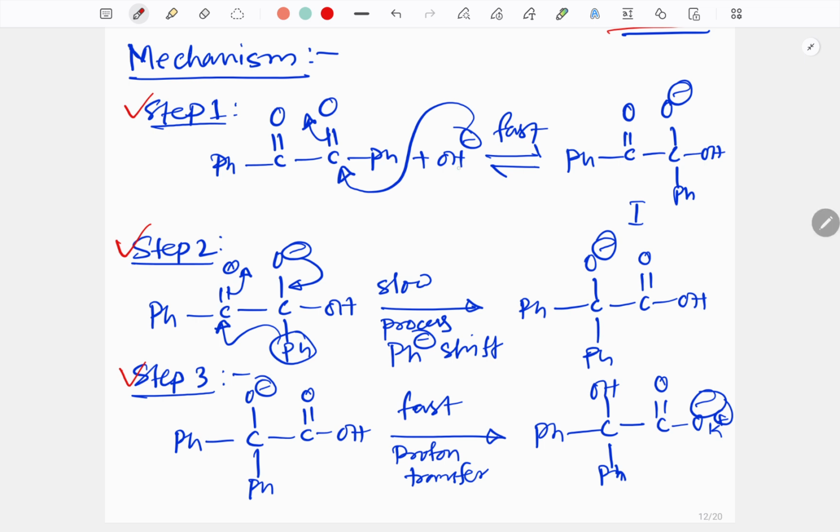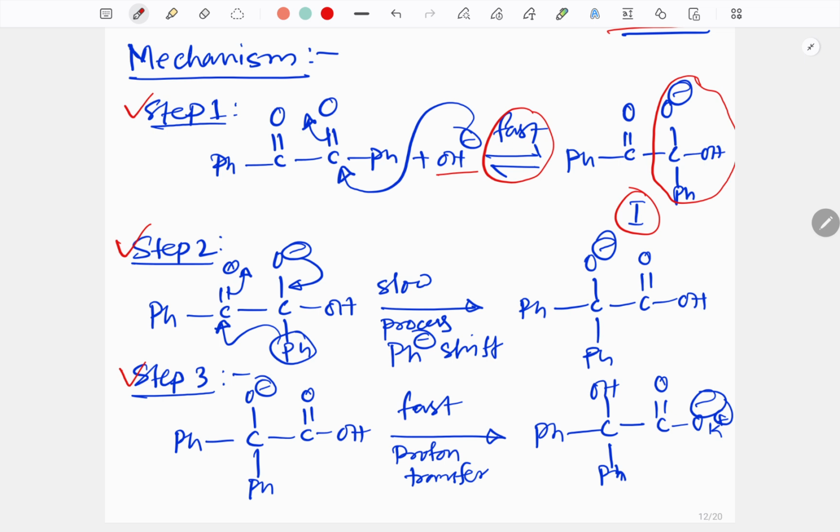Here OH minus is the nucleophile. It attacks this carbonyl carbon center, and the carbon-oxygen pi bond opens up. This reaction is very fast and is associated with an equilibrium between intermediate 1 and the reactant. When OH minus attacks this carbon, it generates a tetrahedral intermediate.